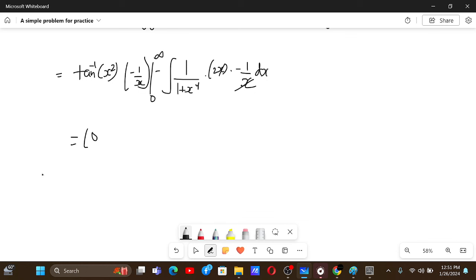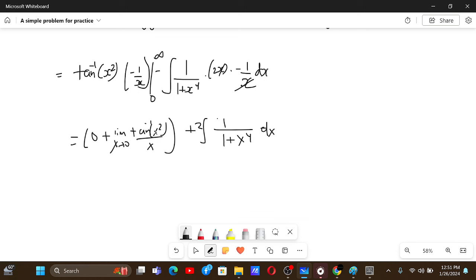So after this, we have minus minus as plus. And over here we will have the limit x tends to 0 of tan inverse x square by x. And minus, minus minus will be plus, and we will have 2 times the integral of 1 by 1 plus x to the power 4 dx.